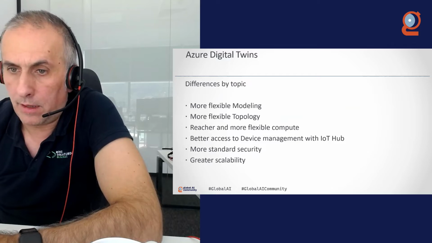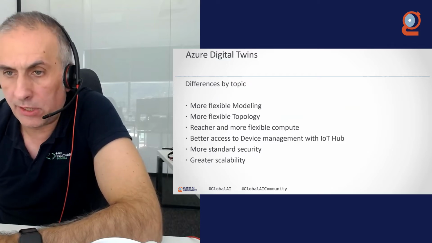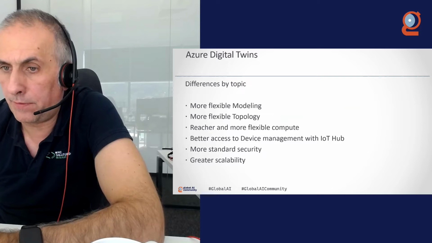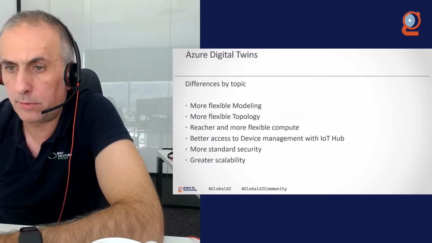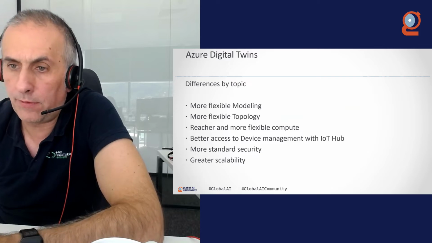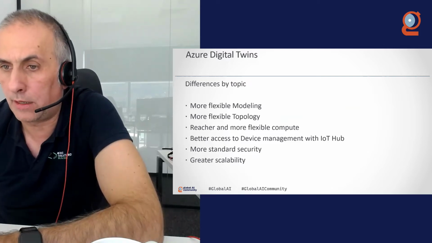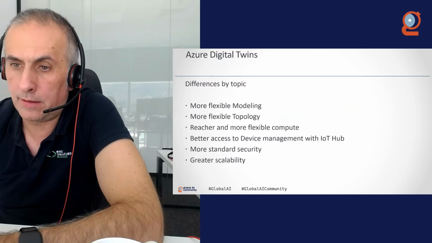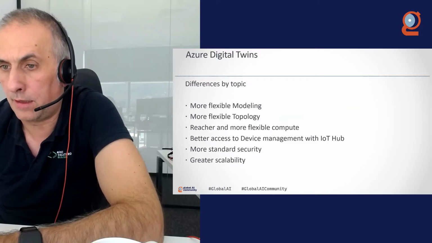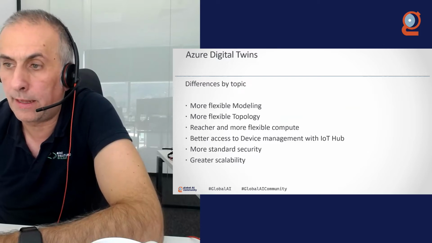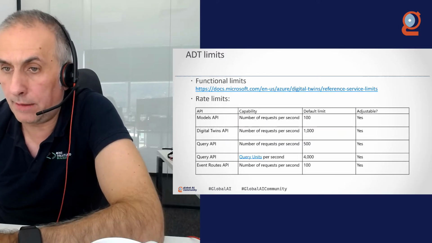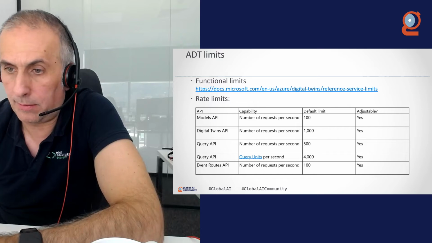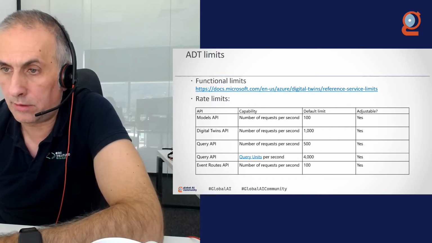When we talk about the Azure Digital Twins service, nowadays we have an implementation which provides very flexible modeling and topology. I will demonstrate this, and a very flexible integration with other services, and of course a tight communication with IoT Hub and flexible scalability. Many of the limitations by default are not hard.